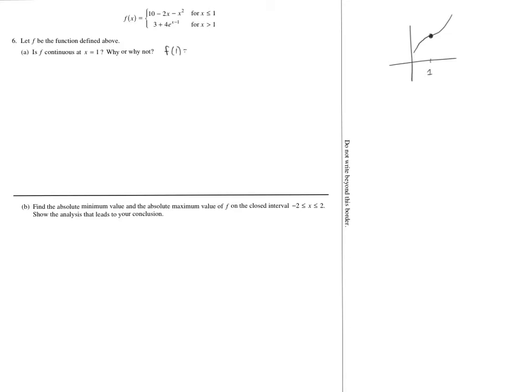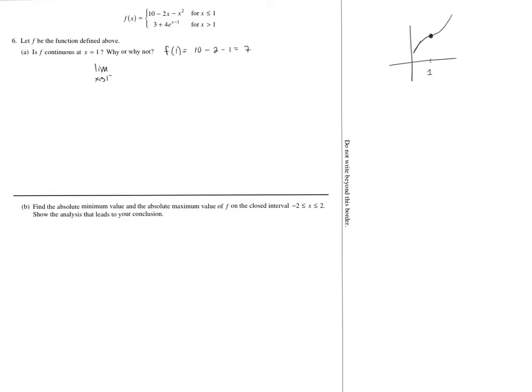And because our function includes 1 here, we're going to plug 1 into that upper polynomial function, the very friendly quadratic. So it's going to be 10 minus 2 times 1 minus 1 squared. So that's going to be 7. Now, the limit as x approaches 1 from the left is just going to be found by direct substitution.